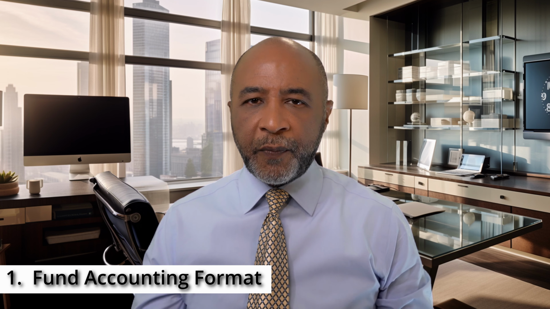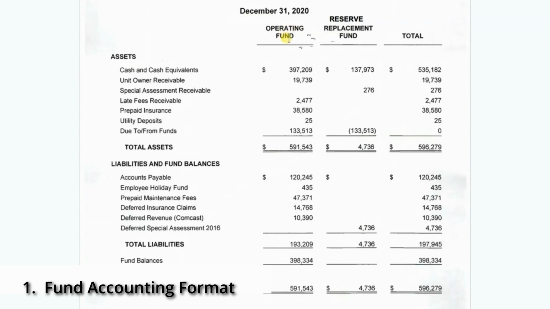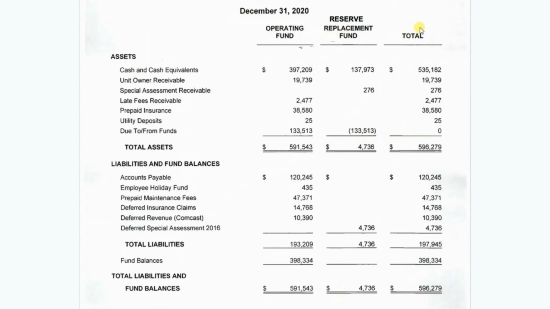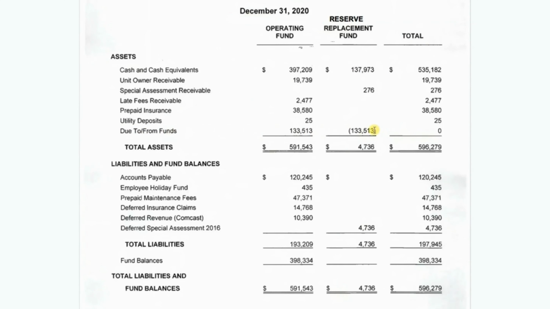First, many condo associations use the fund accounting format when preparing their balance sheet. This format simply separates the operating transactions from the reserve transaction, adds a total column, and uses line items like due to and due from to describe any transactions between the two accounts.